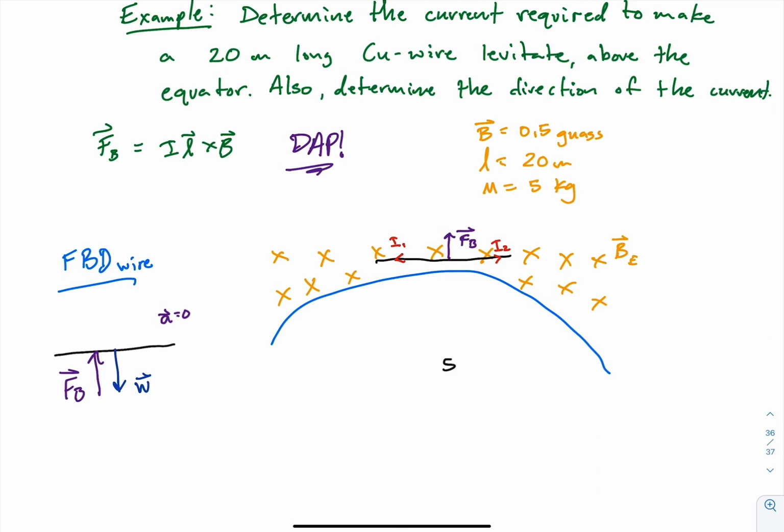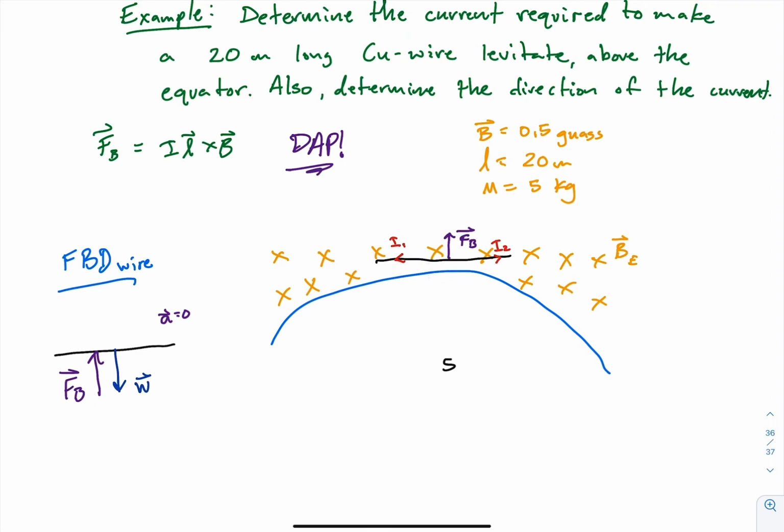So if I were to point my fingers in the direction of I1, let's say, in this direction, and then curl them into the page with my right hand, I think that would yield a magnetic force going down.